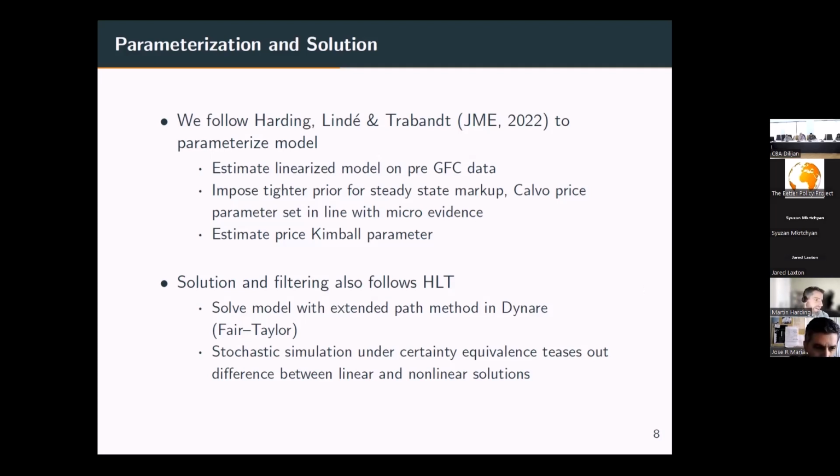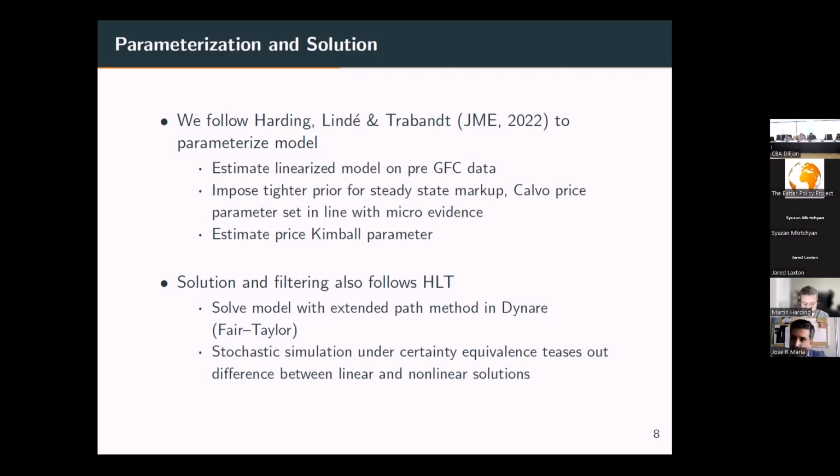Yeah, so that's of course a great question. It's basically because we are working on that, and the model is still relatively large to be estimated nonlinearly. So we are trying to leverage some approach by, for example, Gust, Herbst, Lopez-Salido, and Smith, who estimate a fully nonlinear New Keynesian model, but that model is still much smaller than the model that we have here.